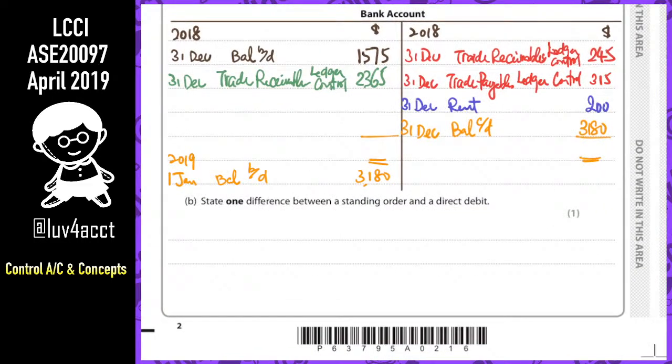Next, state one difference between a standing order and a direct debit. This we have discussed earlier.